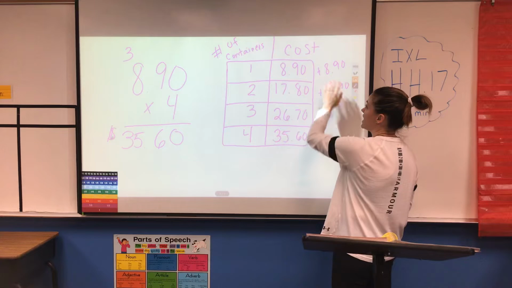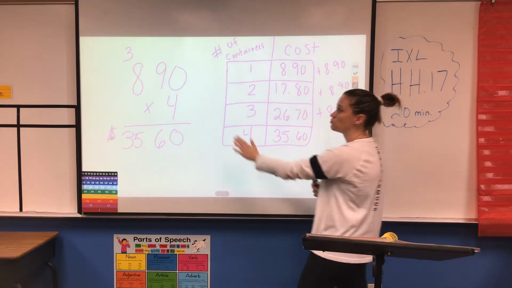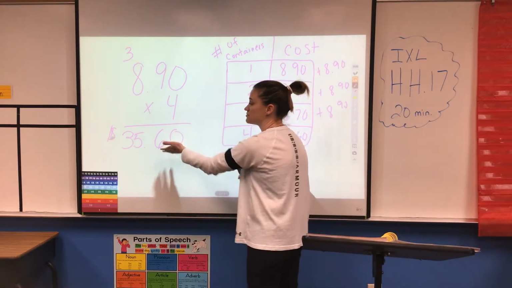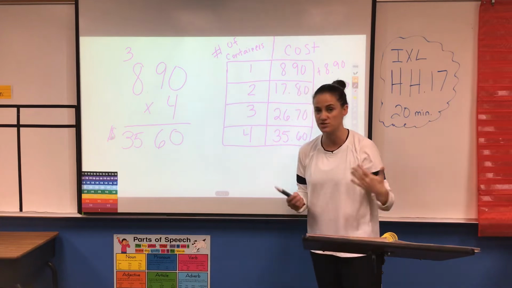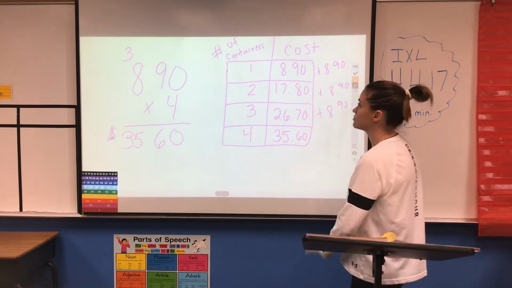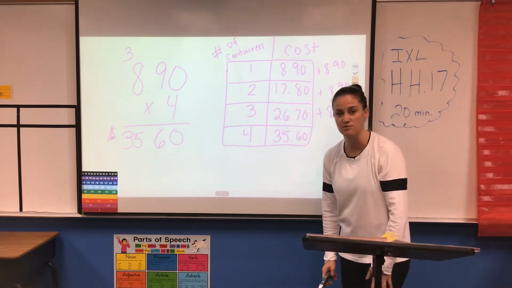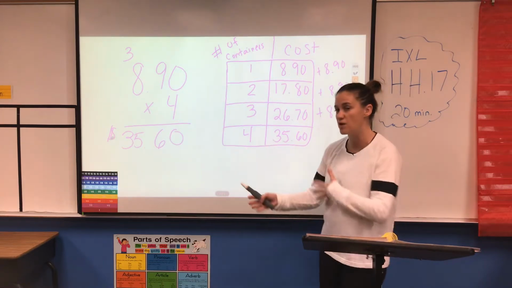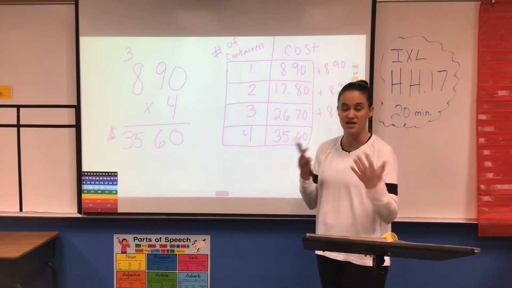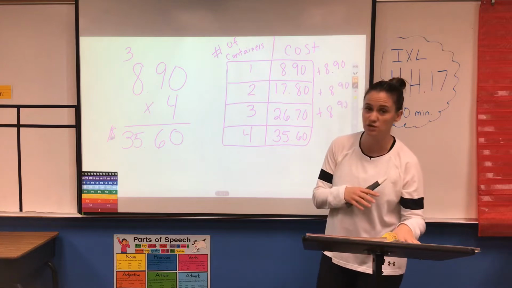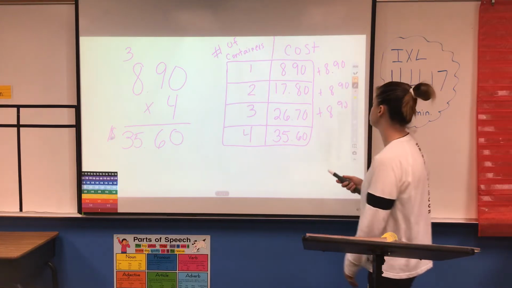So whether you add $8.90 4 times or you multiply $8.90 4 times, you would get $35.60 either way. So that's your guideline on how you make the tables or use multiplication. If you want to pause the video and write this down as an example, feel free. But it's also in your book that you can look to for that.